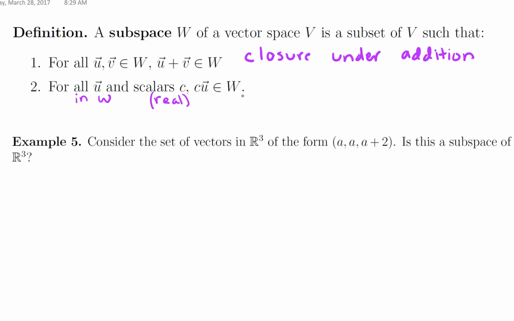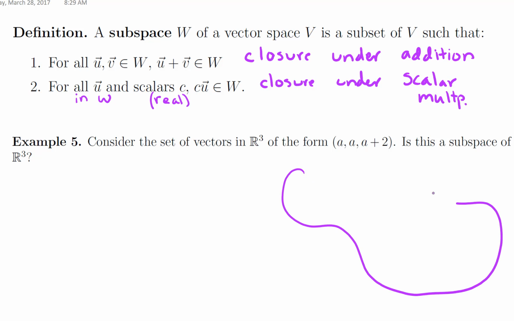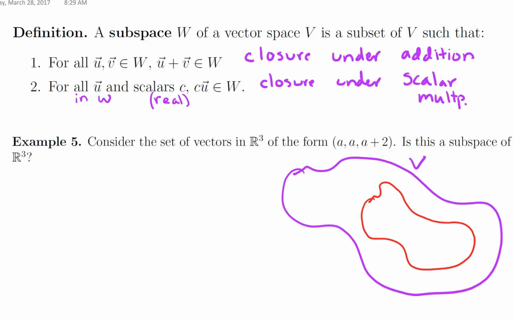So this is what's referred to as closure under scalar multiplication. And so the picture here is, we have a big set, V, and then we have some other set, call it W. W is a subset of V. That notation's not important at the moment because we're interested in the concepts.